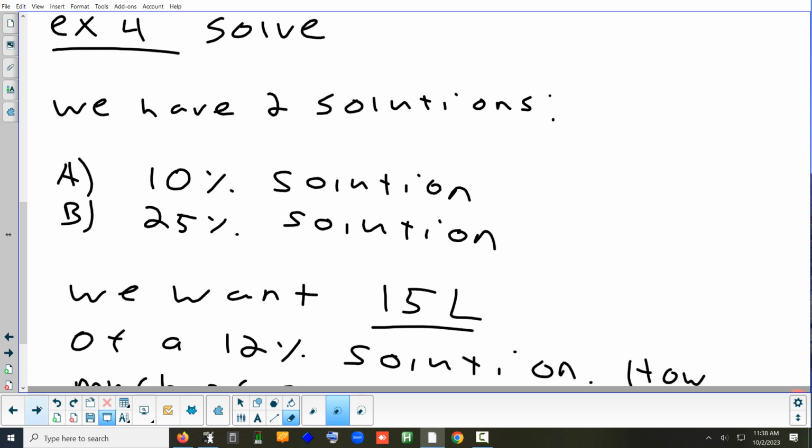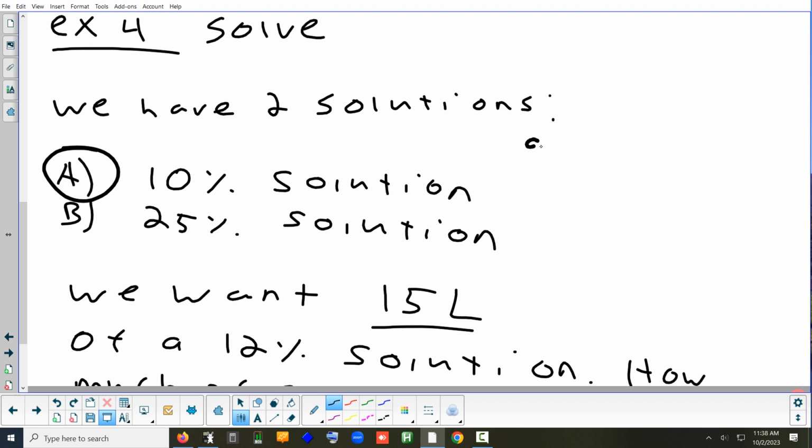They want us to mix these together so that when we're done, we end up with exactly 15 liters, and they want the strength of the solution to be 12%. Since the strength is going to be 12%, we're probably going to use more of solution A than solution B, because we're not bringing the concentration that much up. We just have to pour a little bit of B into A to make A a little bit stronger, so it's 12%. But we've got to figure out how much.